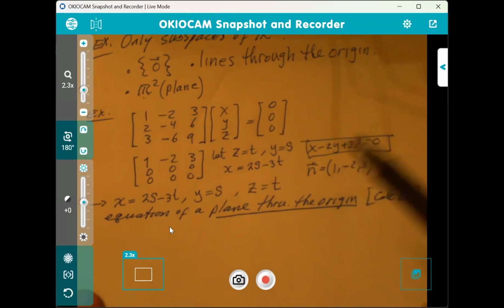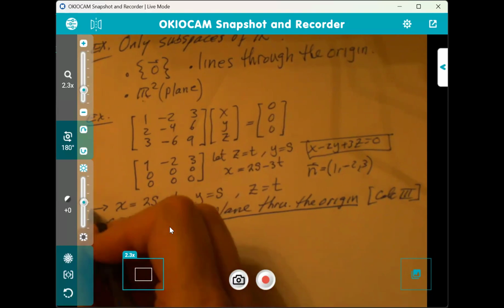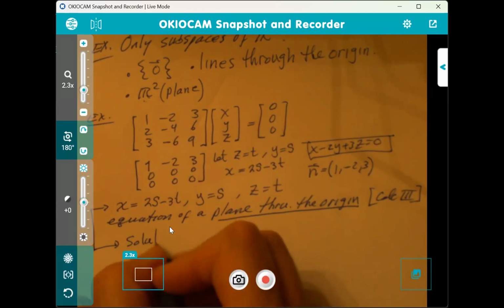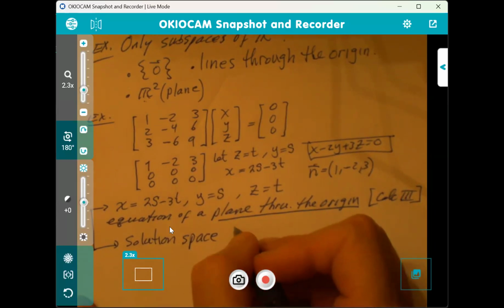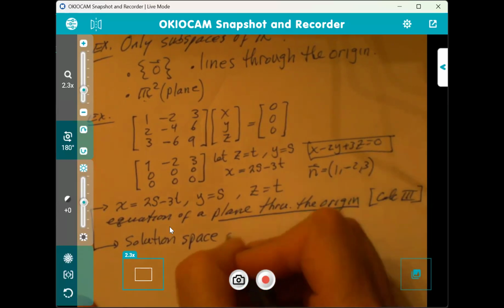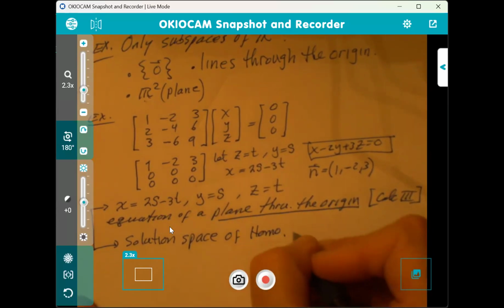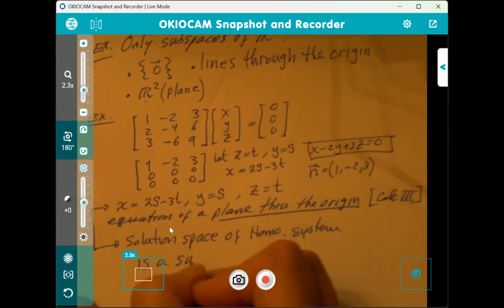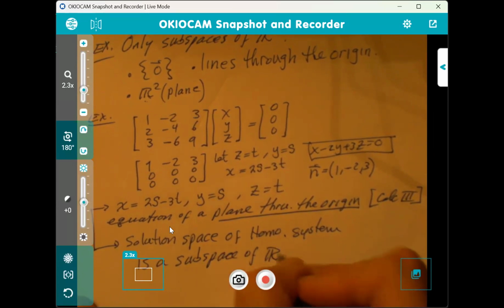So the solution space, that's what this is, x, y, z. This is called the solution space. The solution space of the homogeneous system is a subspace of R cubed.